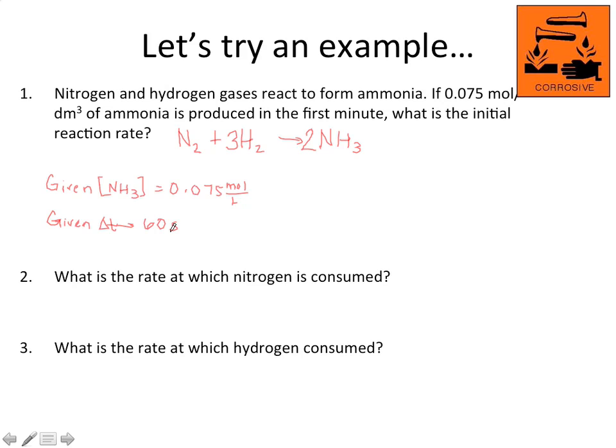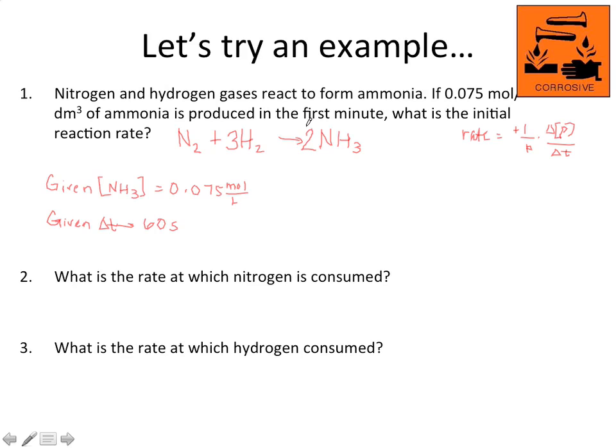So I need to look at the equation that I had before, and I'm just looking at one part of it. I know that my rate is equal to the positive 1 over the coefficient of the product times the delta concentration of product over delta time.